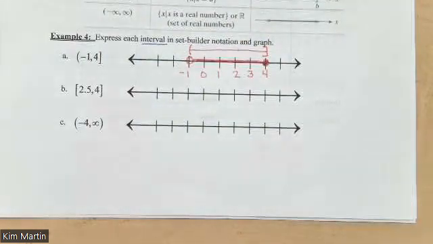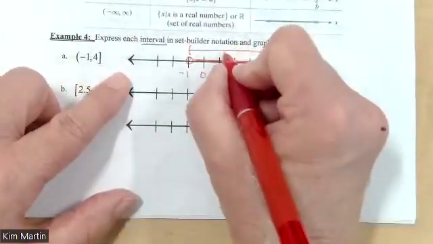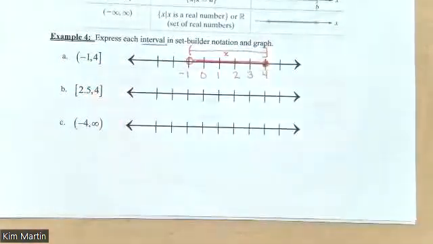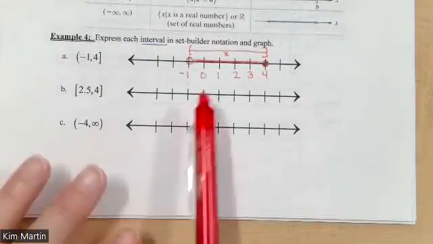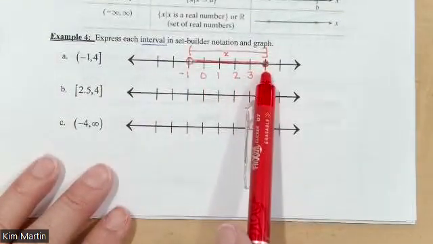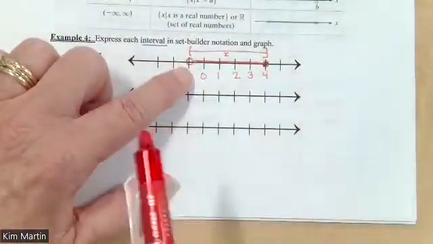I just want you to know that open circles go with parentheses, closed circles go with brackets. Now, what this means is this is all your x values. x can't be -1, but it can be 0, 1, 2, 3, and it can be 4.